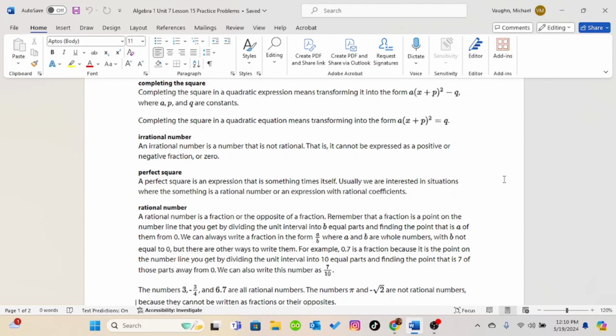The numbers 3, negative 3 over 4, and 6.7 are all rational numbers. The numbers pi and negative square root of 2 are not rational numbers because they cannot be written as fractions or their opposites.